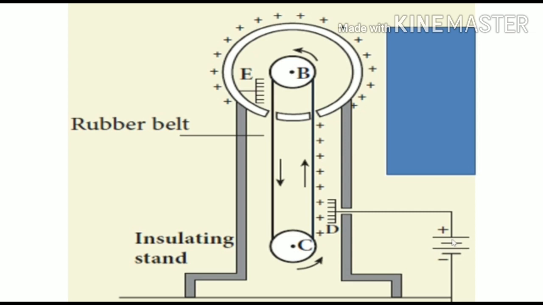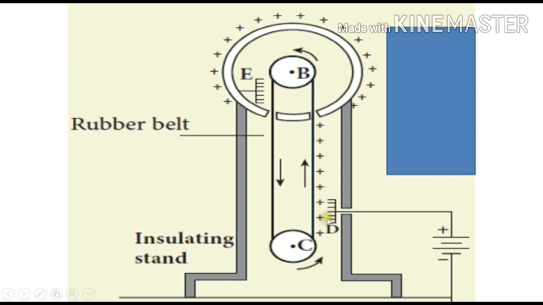Now, the high electric field near D ionizes the air. Due to the action of points, the belt gets positive charges and negative charges are attracted towards the comb D. Here the gas gets ionized.